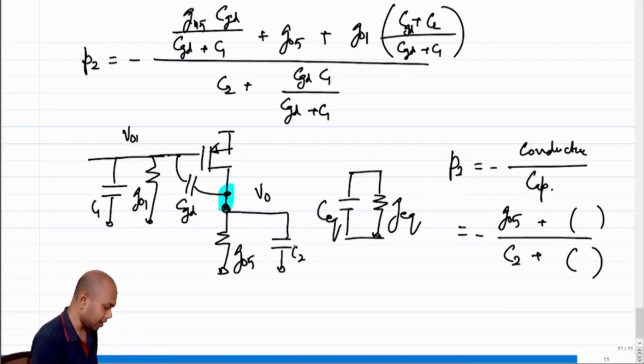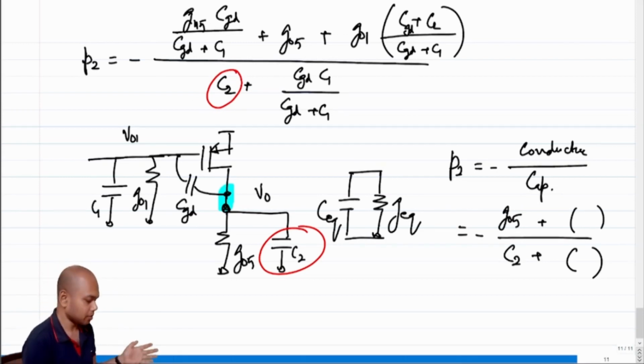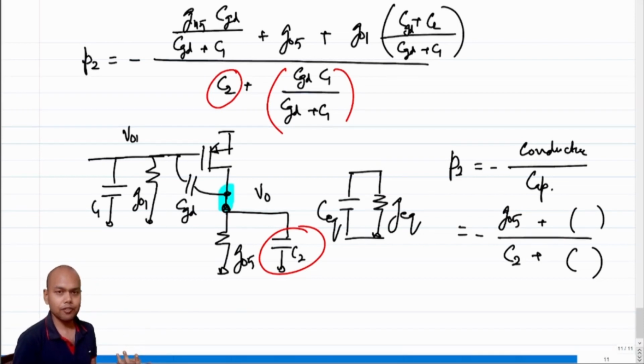C equivalent should be, at least C2 should be there, which is here, plus we have some additional term. And what is this additional term? This seems like a series combination of CGD and C1, right?